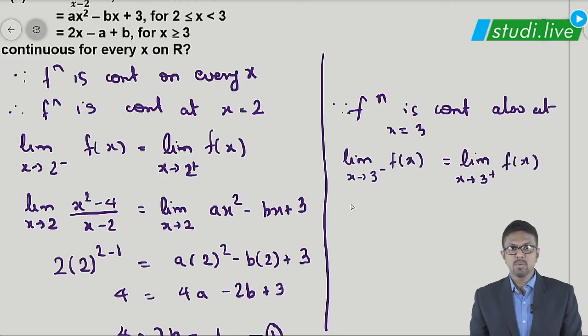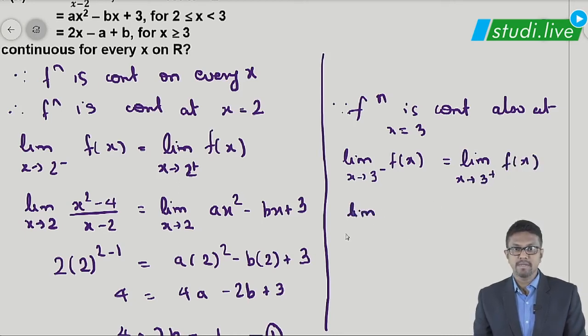What does 3 minus mean? That is less than 3. So for the part less than 3, I will use ax square minus bx plus 3. And for the part where it is greater, I will get limit x tends to 3.